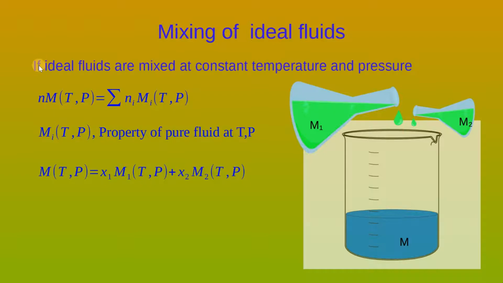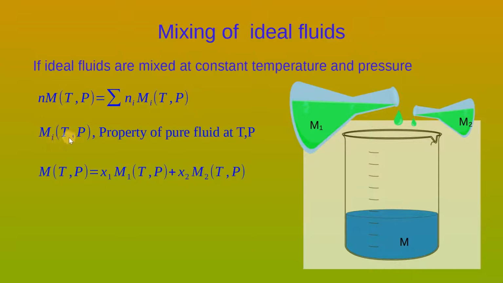If ideal fluids are mixed at constant temperature and pressure, meaning M1 and M2 both are ideal, then the total property NM, where N is the total number of moles, at a fixed temperature and pressure, is equal to the summation of Ni Mi at T, P. Note here, since it's an ideal fluid, Mi bar has been replaced with Mi, that is the pure fluid property at the temperature and pressure of the mixture.